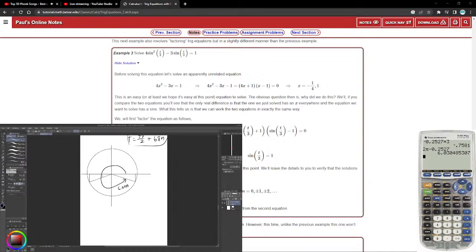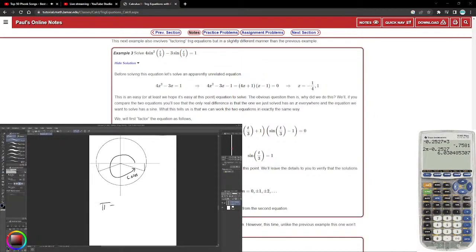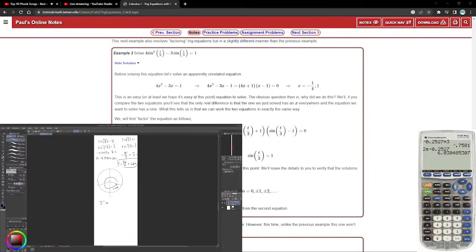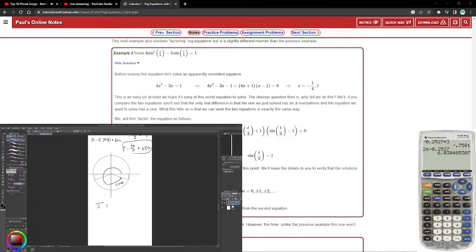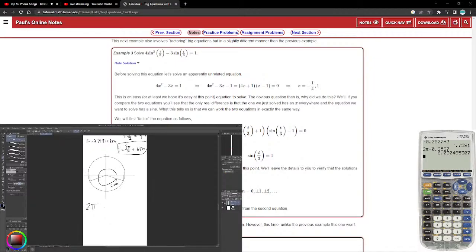All I need to do to find the other one is pi plus, well first I gotta do 2 pi minus 6.0305.